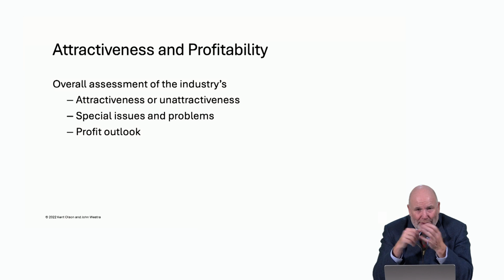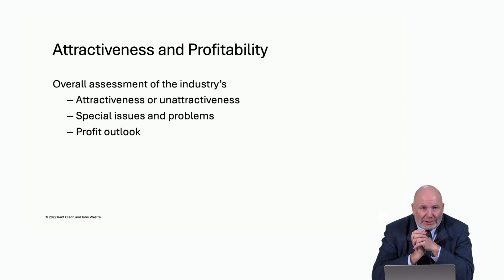If I'm in western North Dakota where I haven't got a milk processing plant, the odds are I'm not going to be cost efficient because my milk has to travel a long way to the processing plant in northern Utah or all the way to Fargo. The odds are my costs will not make me successful, even though I may want to milk cows in that geography. And so that helps you understand whether or not the industry is attractive and whether or not I can be profitable in that industry.